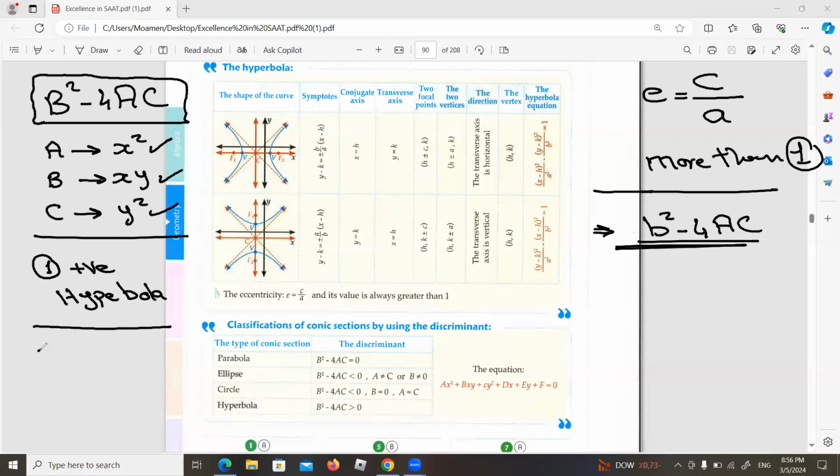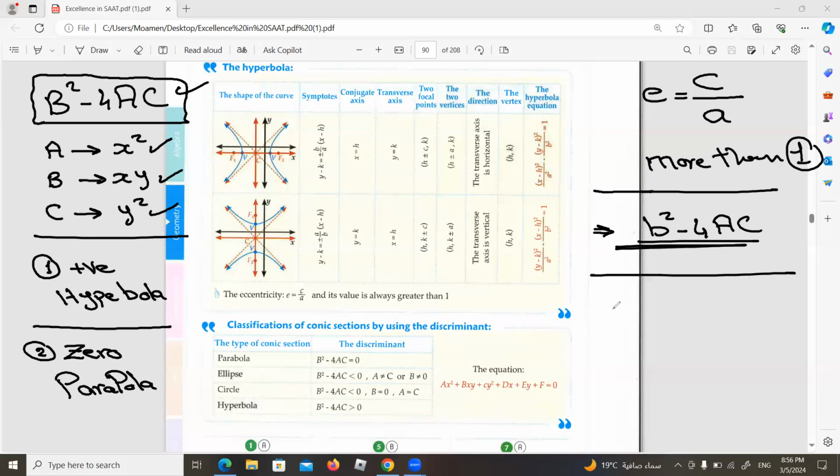Okay, number 2. If the discriminant is equal to 0, it will be a parabola. So if the discriminant is positive, it's a hyperbola. If it's equal to 0, it's a parabola.